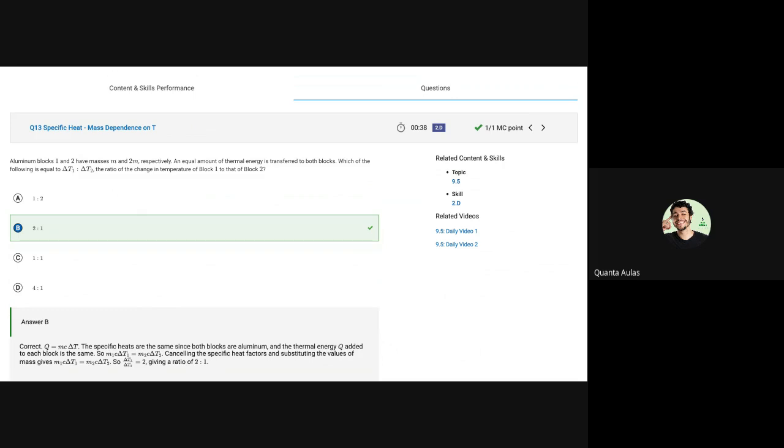It's enough to take the ratio because you don't need the values of delta T1 and delta T2, only the ratio. So you write the equations and do the division. Okay, let's go to the next one.